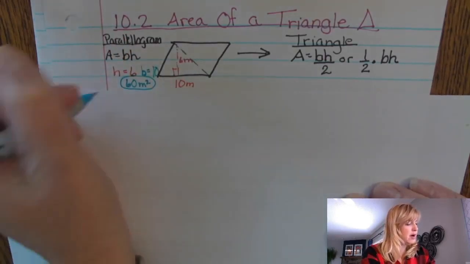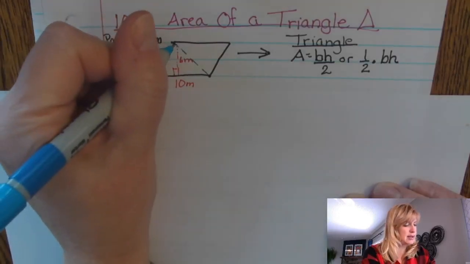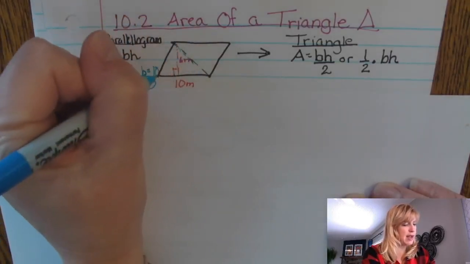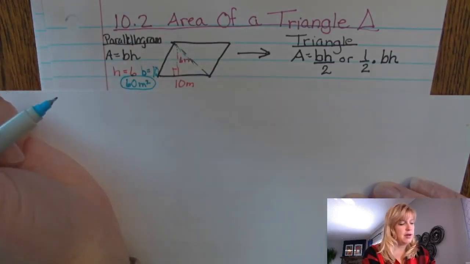Okay, so we know that about a parallelogram, and what I am going to do is show you this dotted green line where I have divided this parallelogram into two congruent triangles.